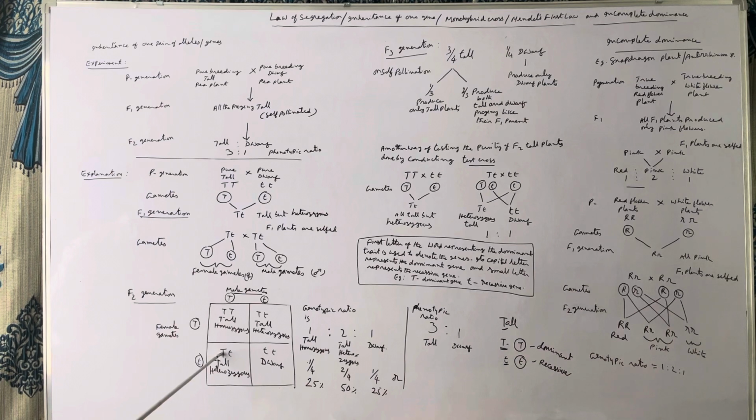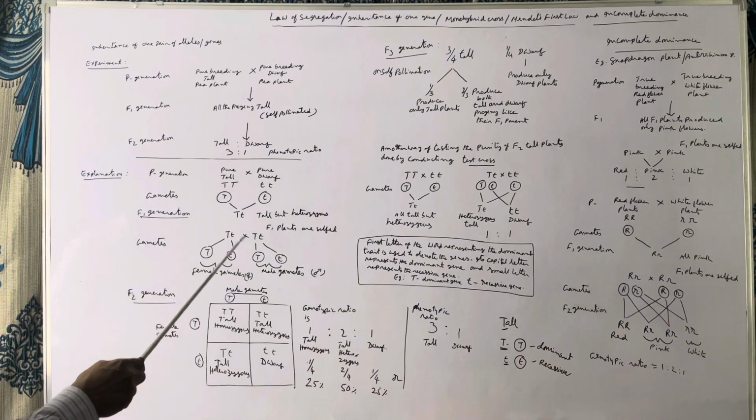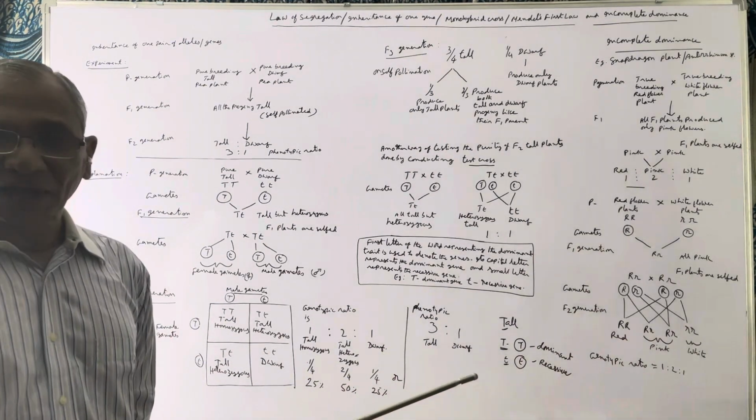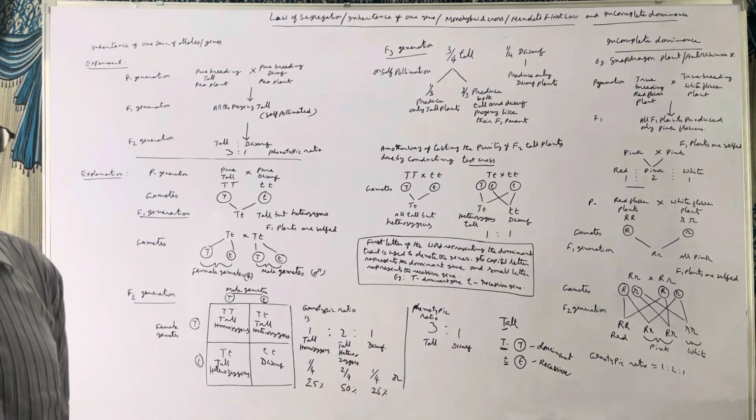It inherits one dominant gene, one recessive gene, and these plants also grow tall like their F1 parent. If this pollen grain fertilizes this egg or ovum, what happens? We get two recessive genes and it develops into a dwarf plant. So in this way, 4 types of combination of gametes are possible.